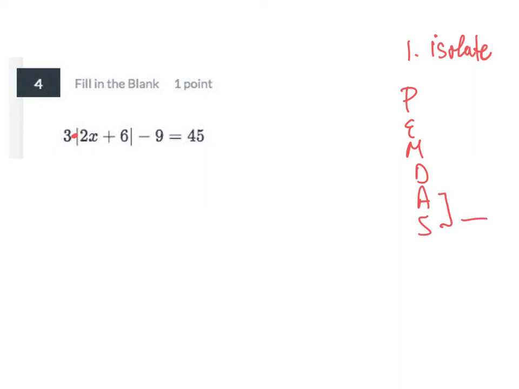I see that I have subtraction, so I'm going to add 9 to both sides. We still have 3 multiplied by the 2x plus 6. 45 plus 9 is 54. And again, we ask, is the absolute value isolated by itself? It is not. I have this multiplied by 3. Because I have multiplication there, we are going to divide.